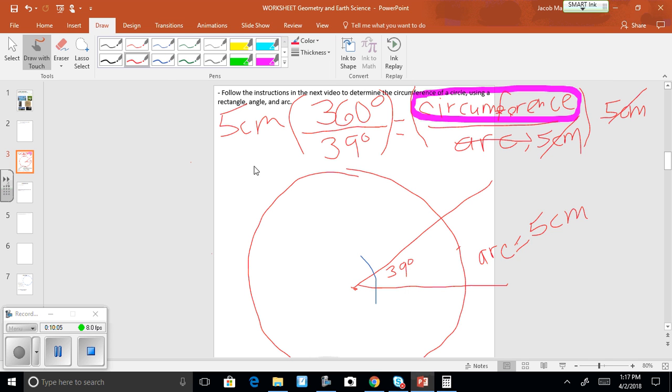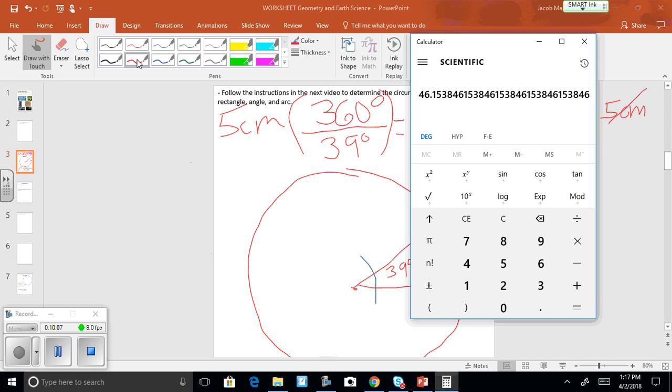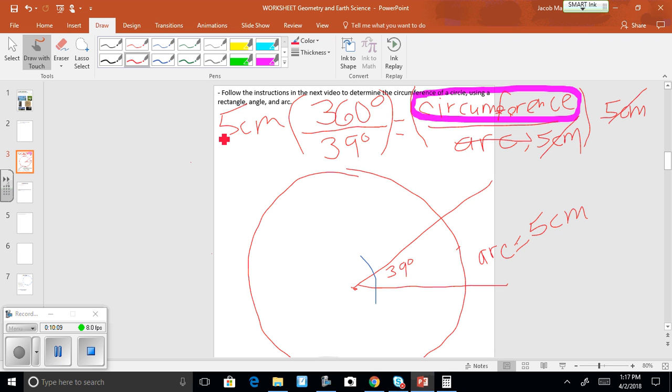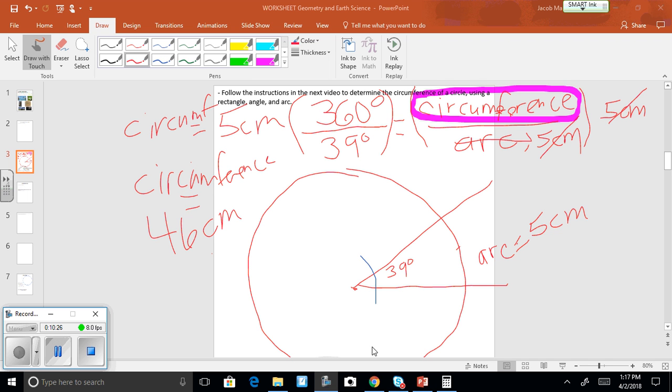In this case, it would be 46 centimeters. So my circumference, remember all this stuff equals my circumference, equals 46 centimeters. Okay, so that's the first set of notes.